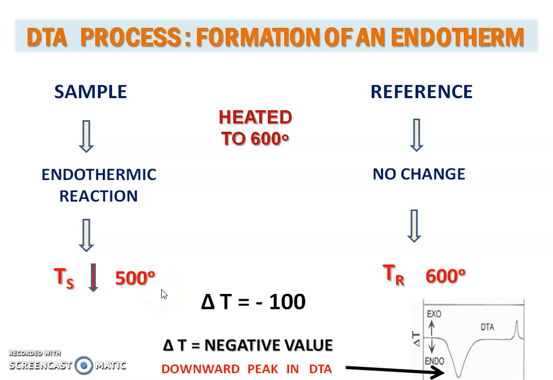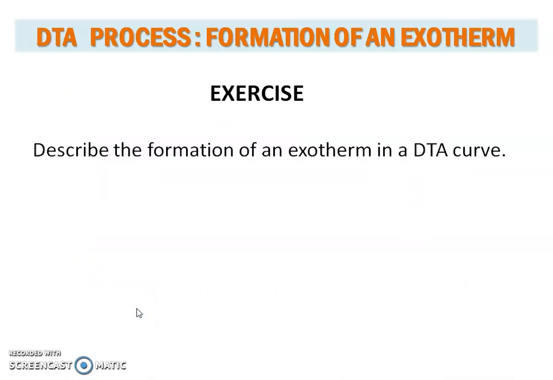So now we know that in a DTA curve, the downward pointing peak is called an endotherm, whereas an upward pointing peak is called an exotherm. The formation of an exotherm is an exercise. Describe the formation of an exotherm in the DTA curve.